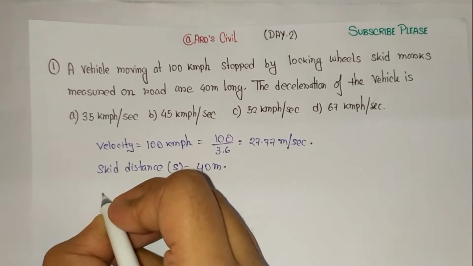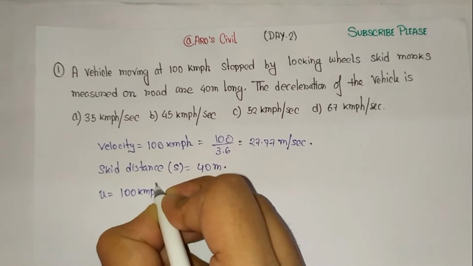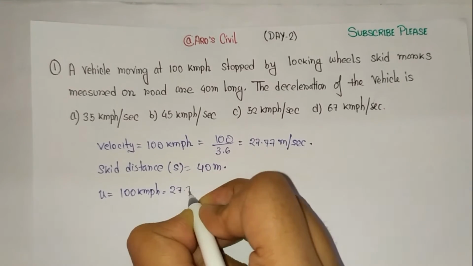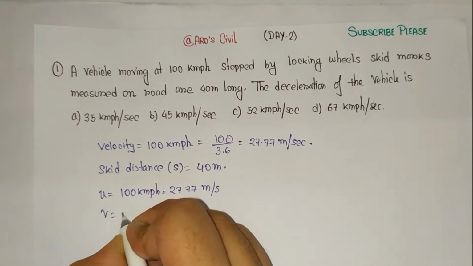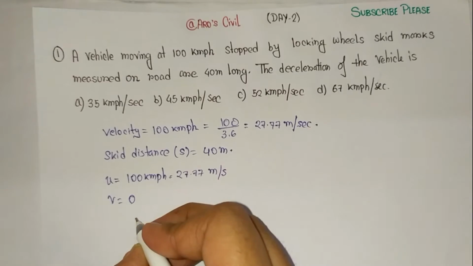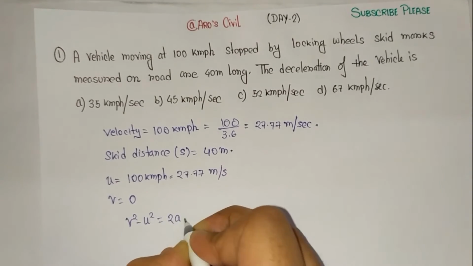So we can consider the initial velocity of the vehicle was 100 kmph or 27.77 meter per second, and the final velocity will be 0. So the formula is v square minus u square is equal to 2as.